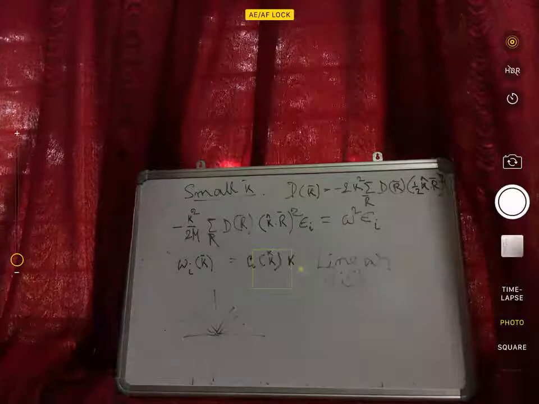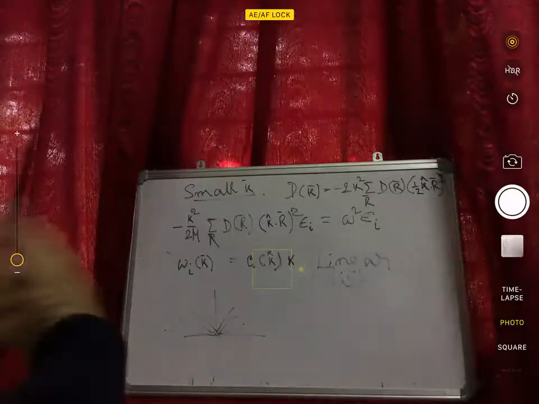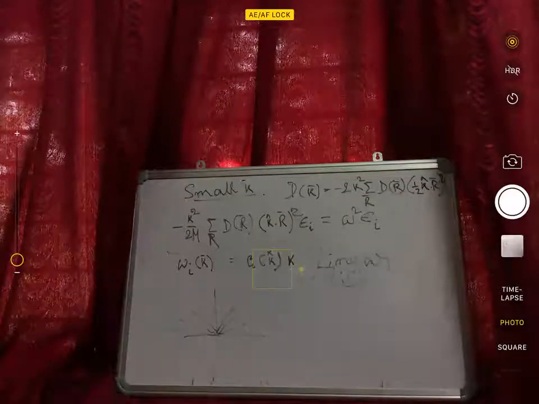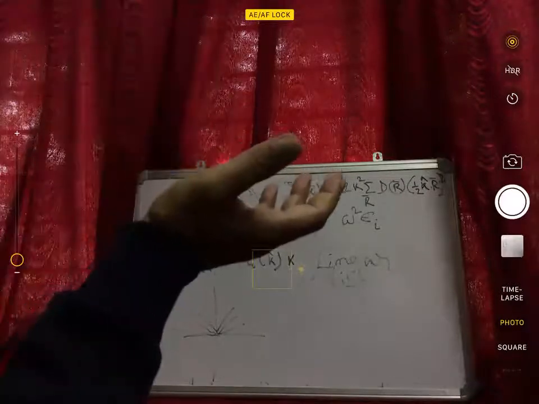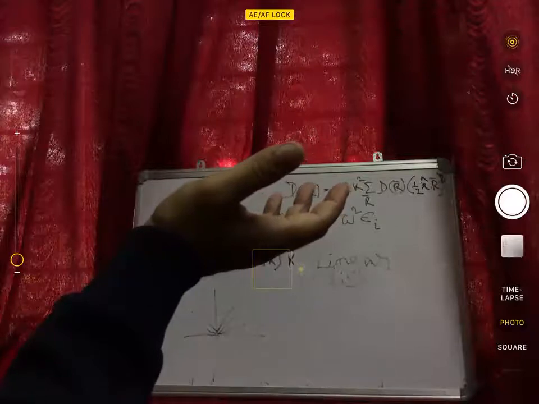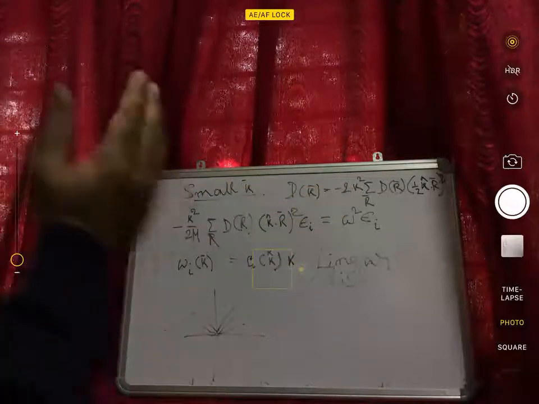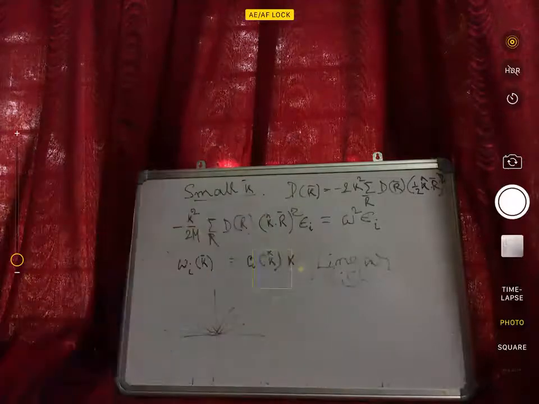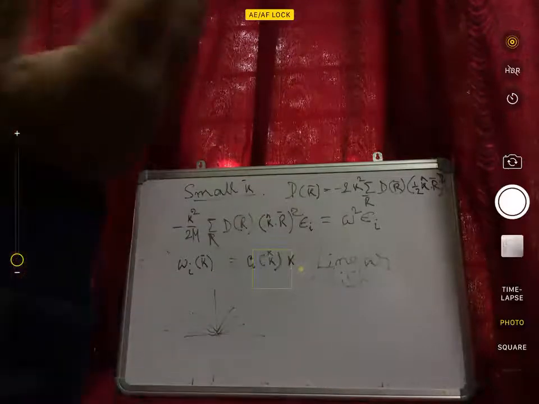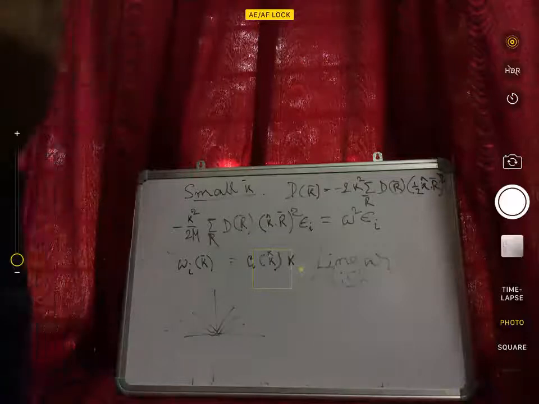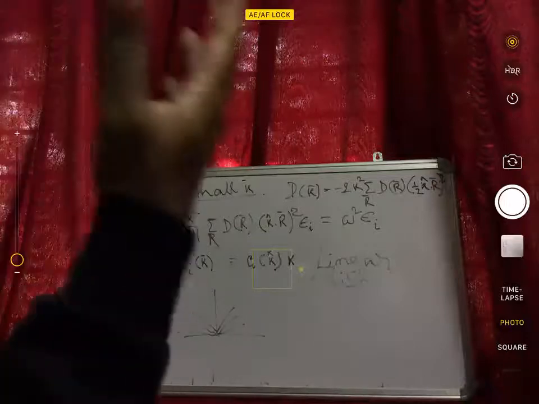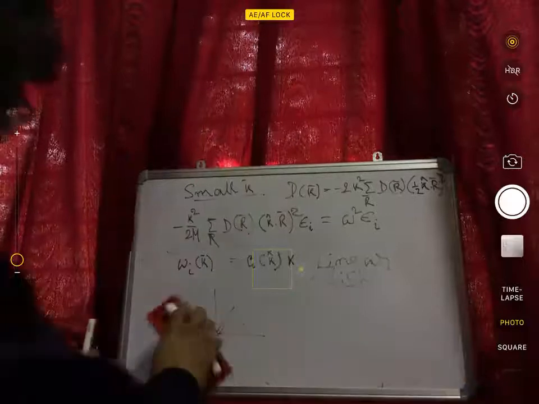So what happens when you have a 3-dimensional crystal with more than 1 atoms in the basis? I'll not go into the details, but essentially you will have exactly what you had in the case of 1D crystal. Namely, you will have 3 acoustic branches because you have to have 3 branches whose energies go to 0 as k goes to 0. And then you will have a bunch of optical branches.